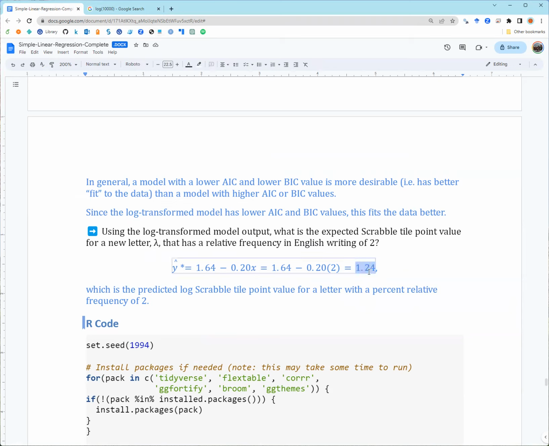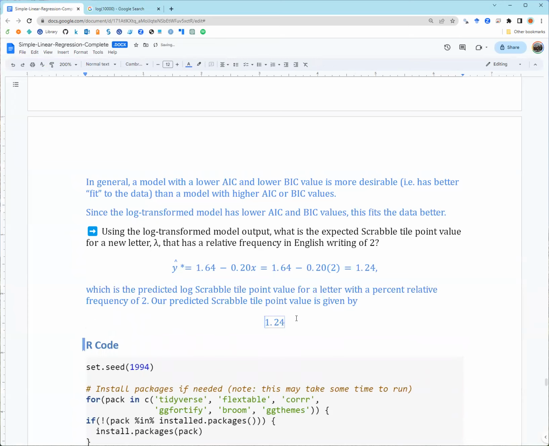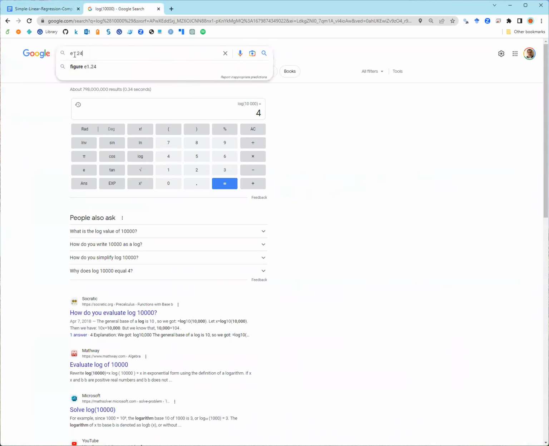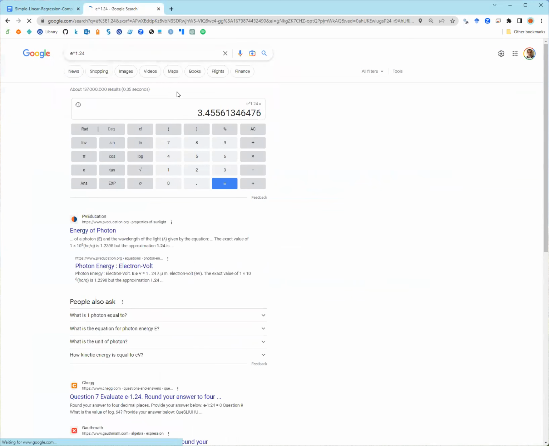So our predicted Scrabble tile point value is given by e to this power, and if we calculate that with Google, we find that it's about 3.45. So we'll just round it to 3.46.